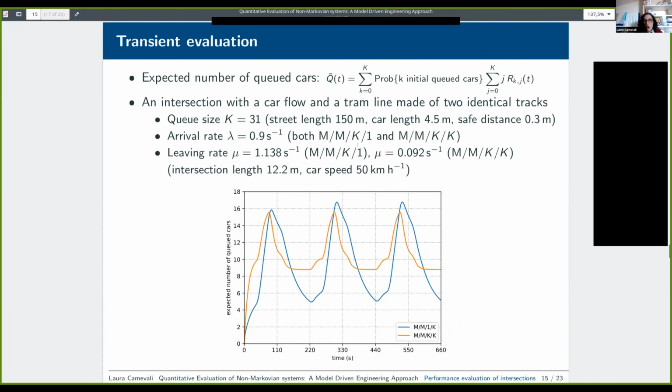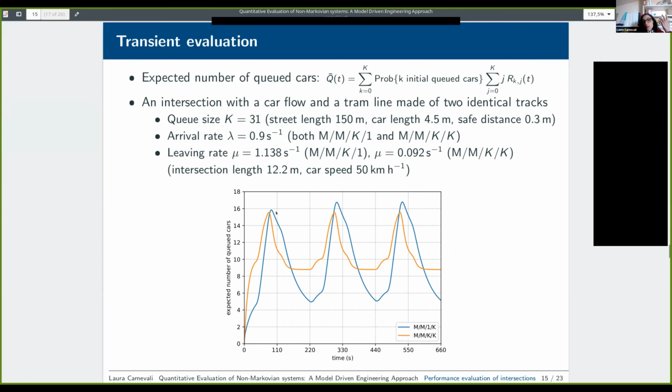So we can perform transient analysis and in the end compute the expected number of queued cars over time. And so we obtain, assuming that the queue is empty at initial time, we consider in this case an intersection with a car flow and a tram line made of two tracks.